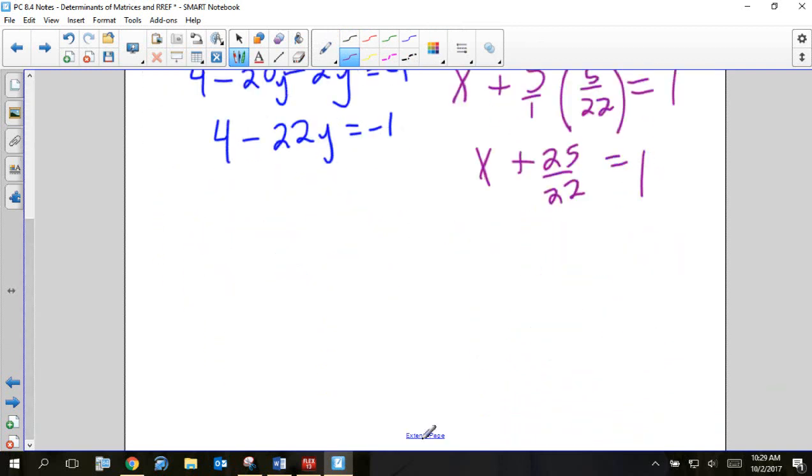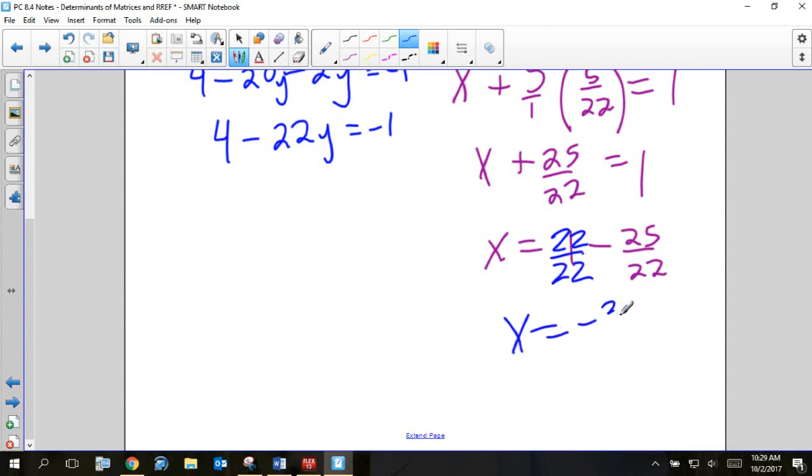And then to solve for x, you have to subtract 25 over 22, but we need common denominators to subtract them. So I changed the number 1 into 22 22s. And we get negative 3 22.